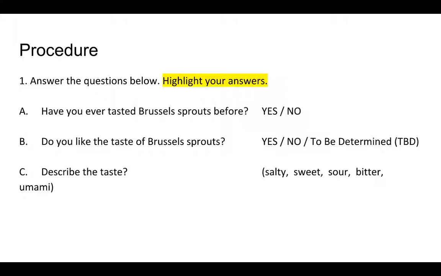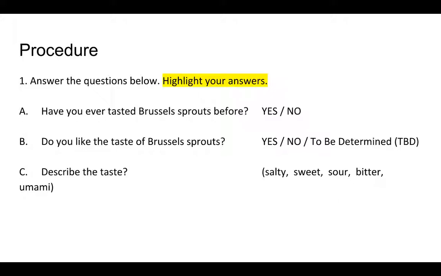And what is umami? Umami is the fifth taste. It's a newer taste that's recently been discovered by scientists to be something that your taste buds can pick up. We've always known that salty, sweet, sour, and bitter are tastes that your tongue can detect. Now we have discovered a fifth taste that is called umami.